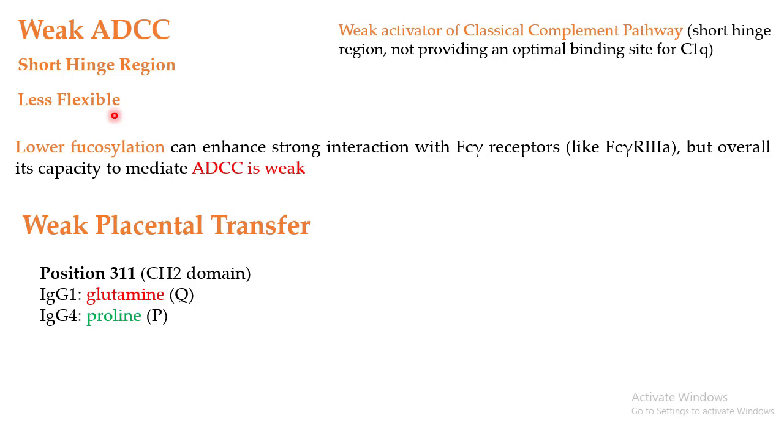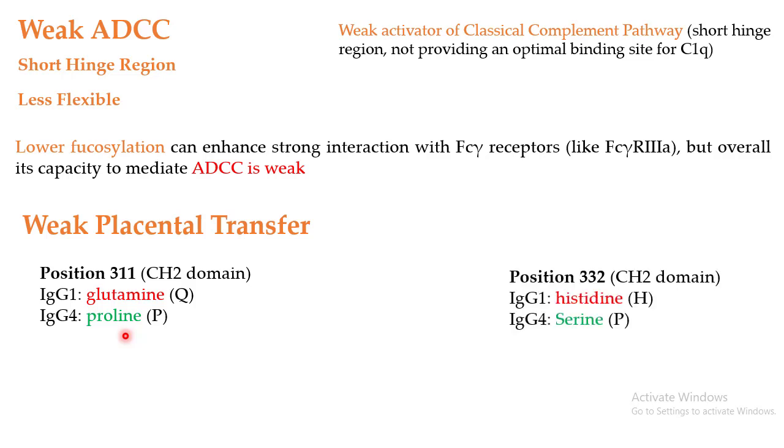For example, if you talk about position number 311 in the constant domain, in the immunoglobulin G1 you are going to see a glutamine, but in the immunoglobulin G4, you are going to see a proline. Secondly, if you talk about position number 332 of the CH2 domain, in the immunoglobulin G1 there is a histidine, but in the immunoglobulin G4, there is a serine.